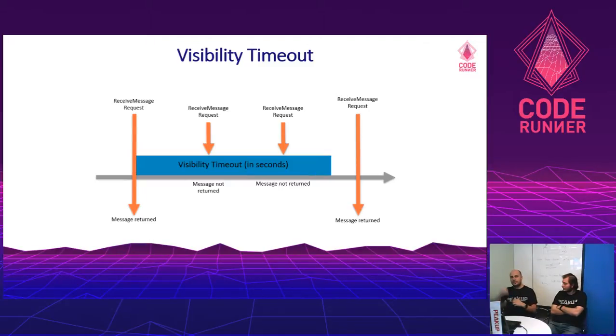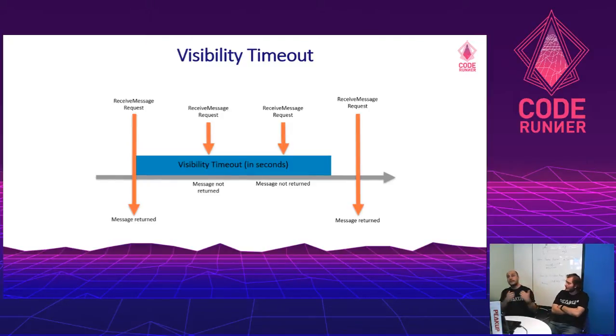The first one takes the message and processes it, and the second one shouldn't process it again. So if one client takes it and processes it, the second one shouldn't see that message. So you can set up a visibility timeout, and the queue service won't show that message, won't give that message to the other client.